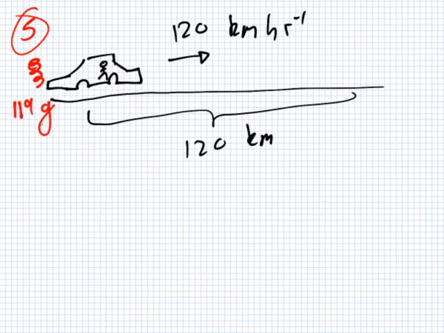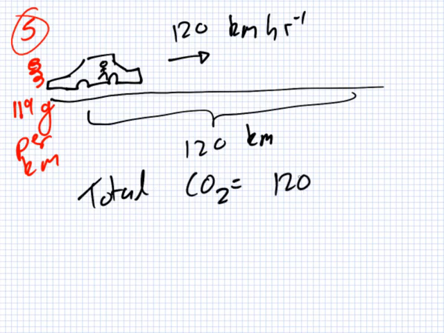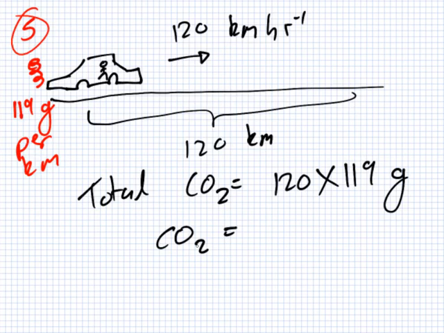So, if that's per kilometre, then the total CO2 is 120 multiplied by 119 grams. What's that, please? 14,280 grams.